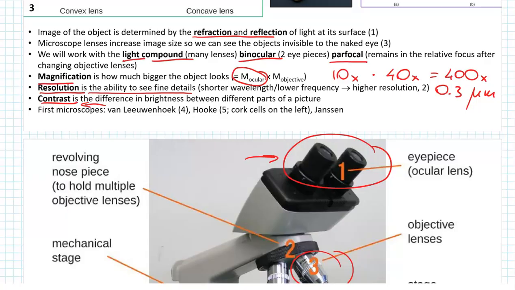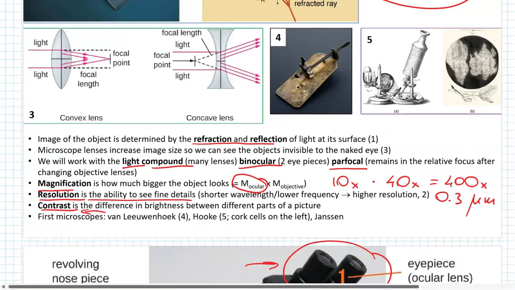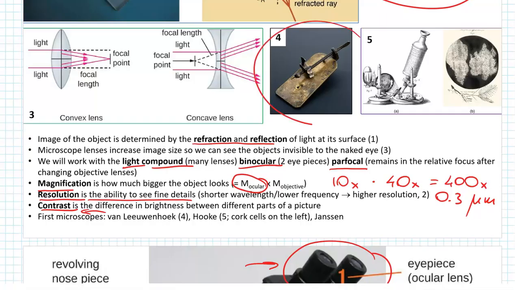Okay? First microscope was developed by Anthony van Leeuwenhoek. I cannot help myself but to brag that I had one of the nerdiest privileges.